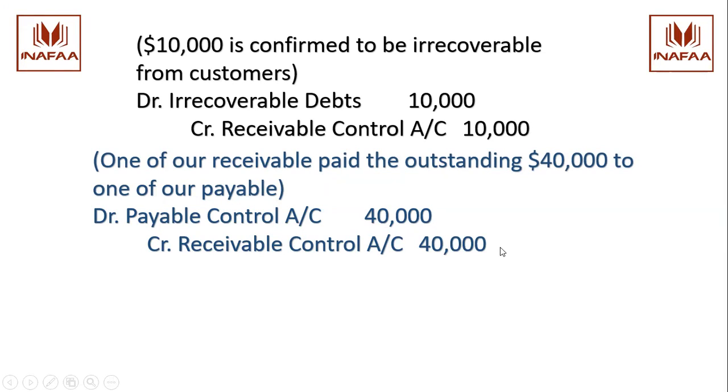As I am currently discussing the receivable control account, this 40,000 is to be posted into the payable control account, but I will only post this transaction to the receivable control account because our current discussion is the receivable control account. So receivable control account is being credited.